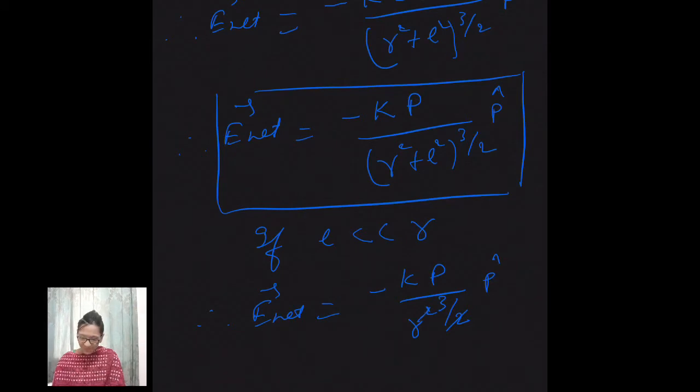Therefore the E net we obtain on the equatorial line at any point is equal to minus Kp upon R cube P cap.